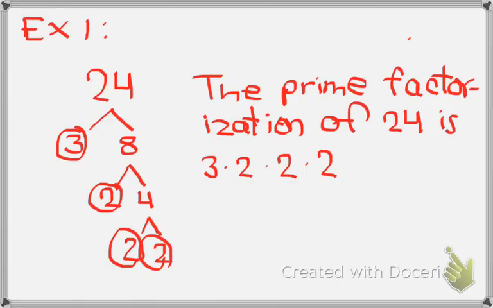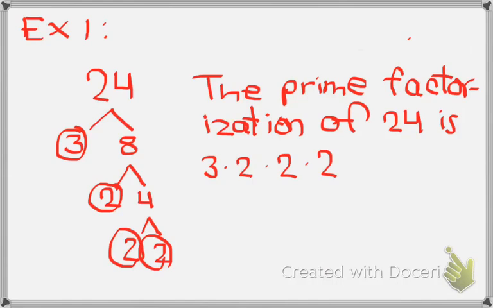And we're back. So, we're going to try to break down 24 into prime numbers. Two numbers that multiply to 24 are 8 and 3. 8 can still be broken down into 4 and 2. Circle 2 since it's a prime factor. 4 can still be broken down into 2 and 2.